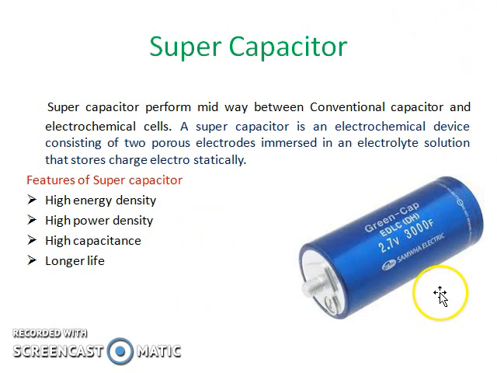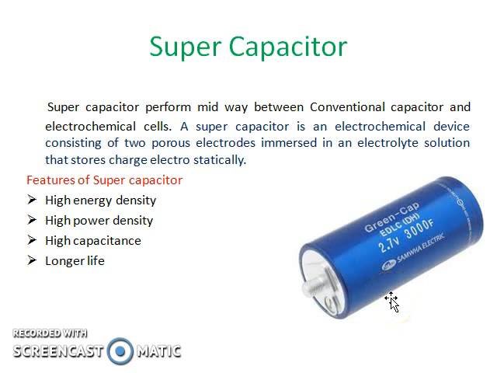So this picture shows the representation of a supercapacitor having a voltage of 2.7 volt and 3000 farad. So this will be the supercapacitor. Ordinary capacitors have values in microfarad, most probably in a ceiling fan we use a 2.5 microfarad capacitor.